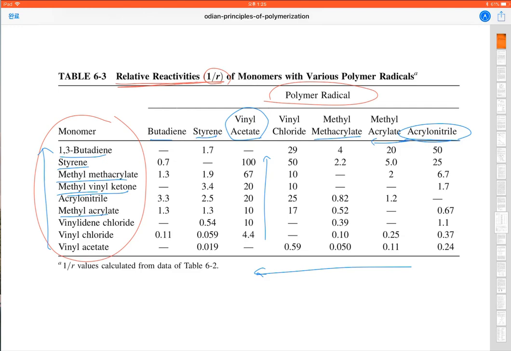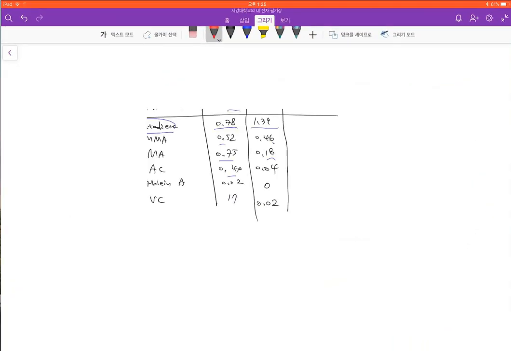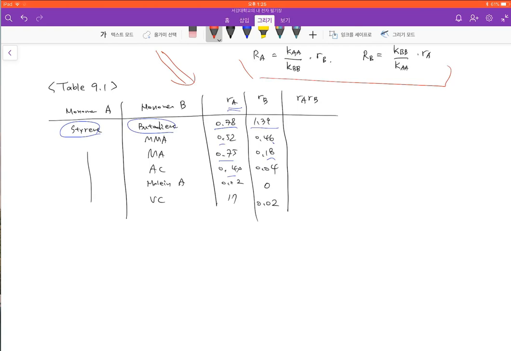Okay, so what we can see is that depending on the chemical structure of either monomer or radical, the relative reactivity is different. Okay, we need to know why. Okay, all right. So that is because of resonance stabilization by different types of substituents.